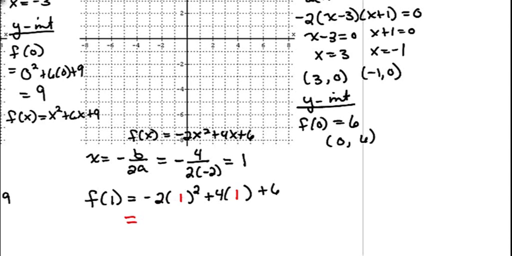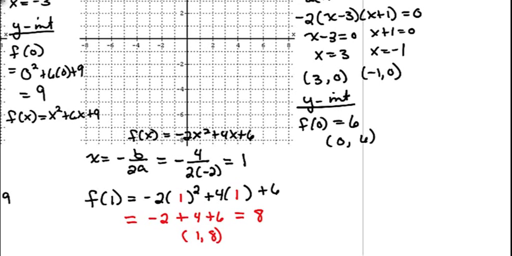So we have 1 squared is 1 times negative 2 gives us negative 2, plus 4 plus 6. So this is the plus 4, and here's the plus 6. And so we have 10 minus 2, which is 8. And so our vertex is at the point 1, 8.